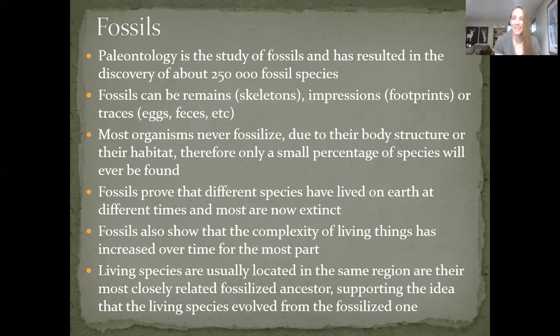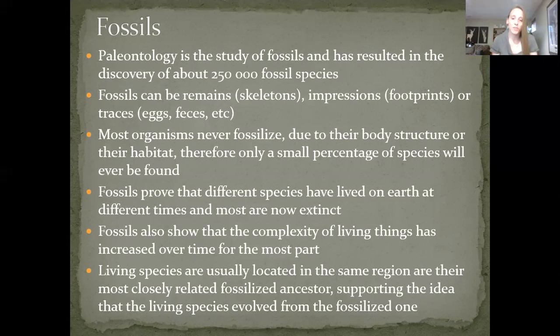If the habitat is somewhere where there was a lot of mud or volcanic activity or something to bury the skeleton after the organism died, that made it much more likely to fossilize. If it was just going to be left open to the air and the elements, it probably wouldn't have fossilized. And so because of this, only a very small percentage of the species that existed on Earth will ever be found in the fossil record.